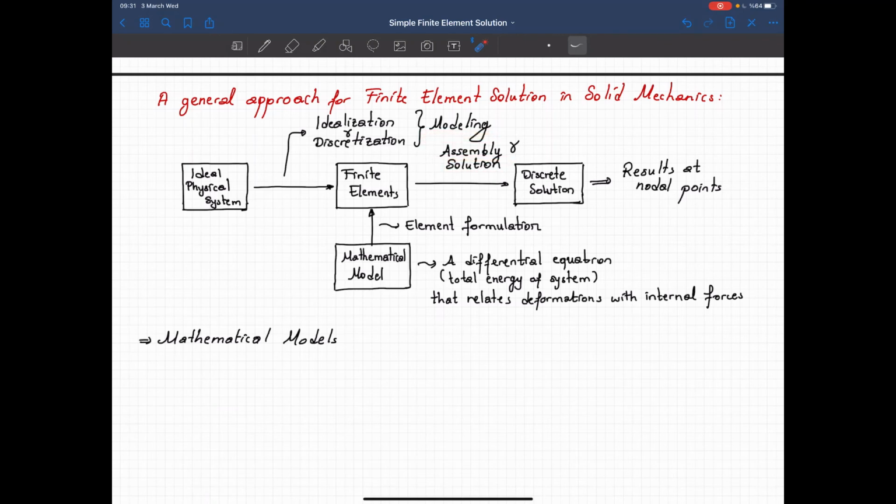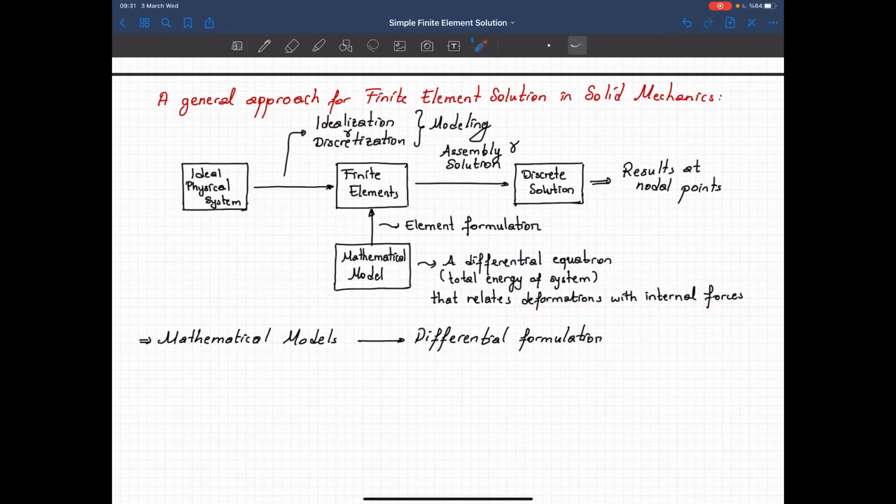Now, since we will be jumping into the more complicated formulations or geometries of the elements, here we will be mainly talking about the mathematical models and the element formulations. So regarding the mathematical models, we will talk about the differential formulation, so in the differential formulation, we try to relate the deformation with the corresponding internal forces.